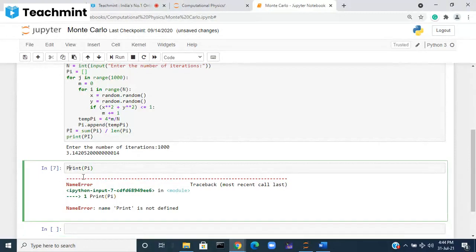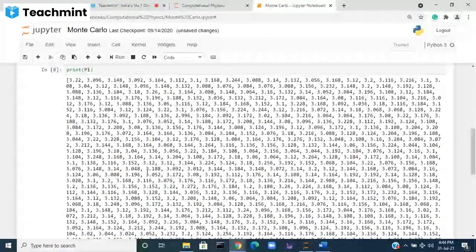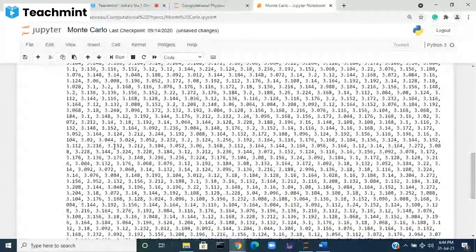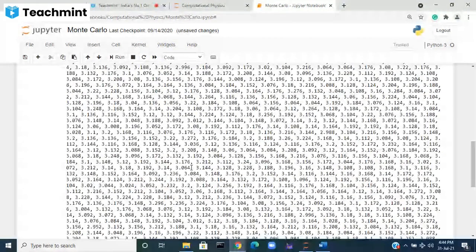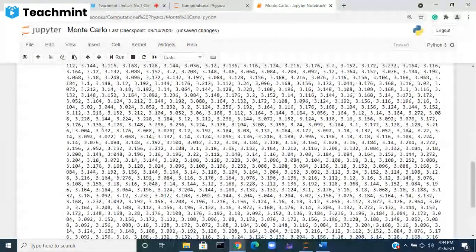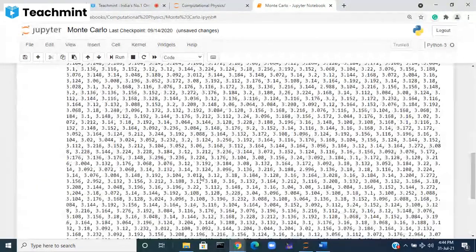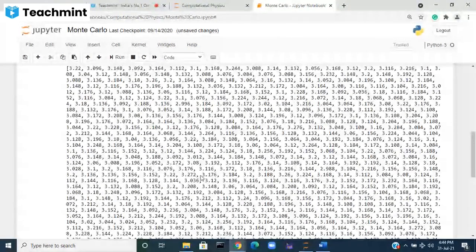Sorry, it should be small p. See, these are 1000 estimates of pi: 3.136, 3.136, 3.156, 3.152, 3.22, 3.272. Averaging 1000 measurements gives us a more accurate answer.